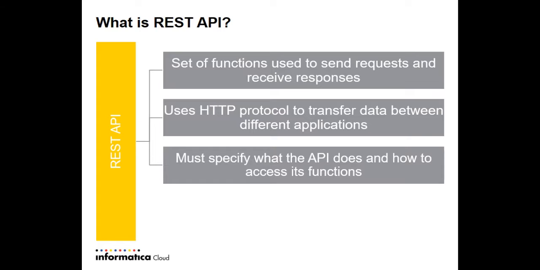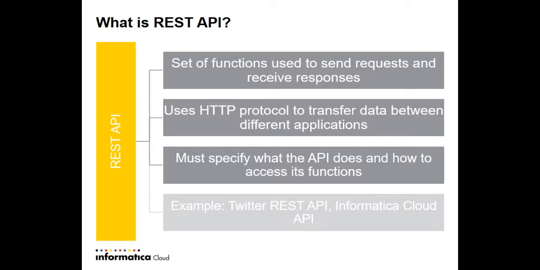This information includes request and response format, query parameters, HTTP method to be used such as GET, POST, PUT, or delete, language support, callback usage, etc. Some common examples of the REST APIs include Twitter REST API, Informatica Cloud REST API, etc.